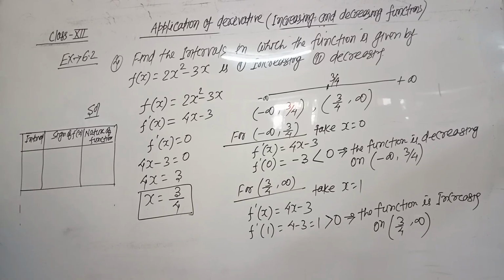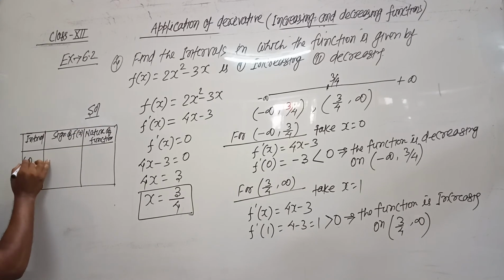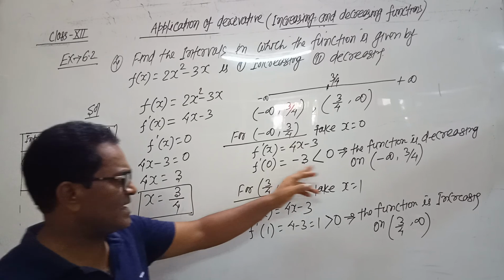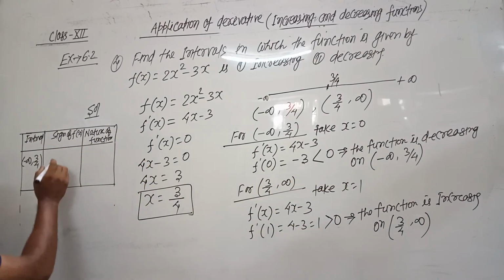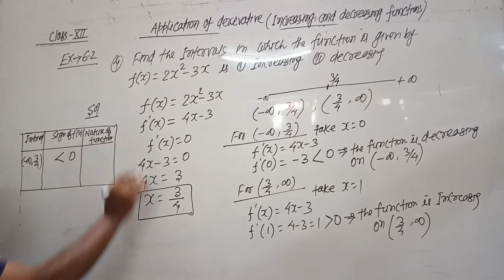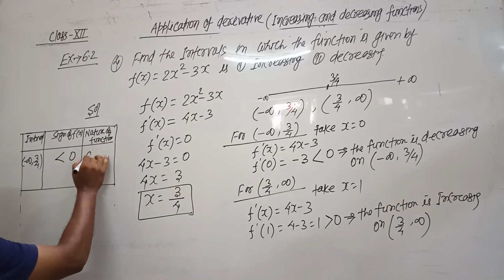So write down the intervals. We have 2 intervals. From minus infinity to 3/4, the sign of f dash x in this interval is less than 0, and the nature of the function is decreasing.